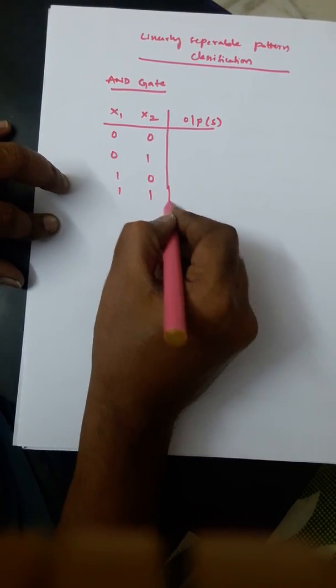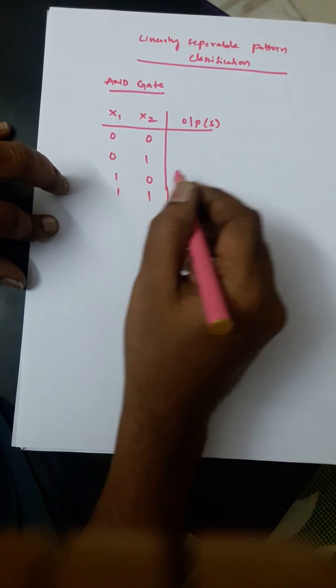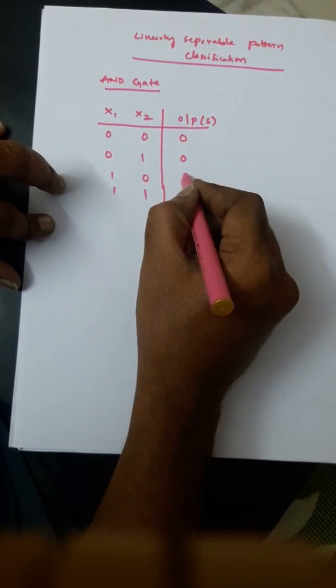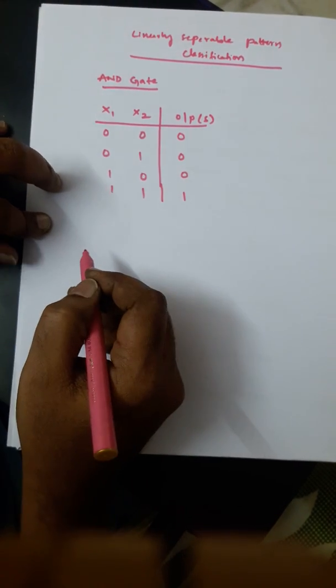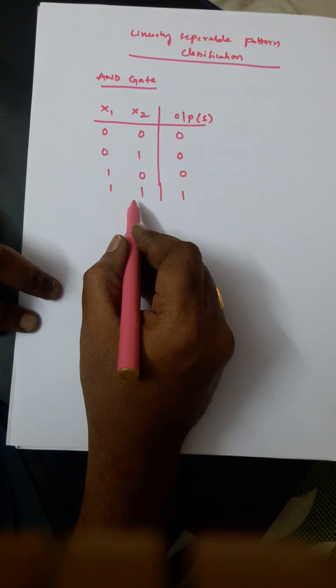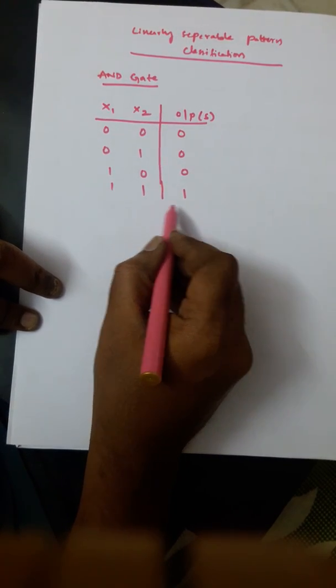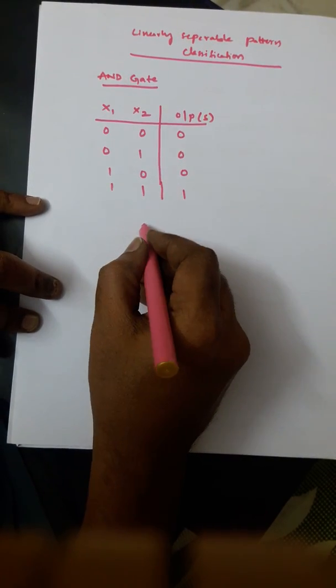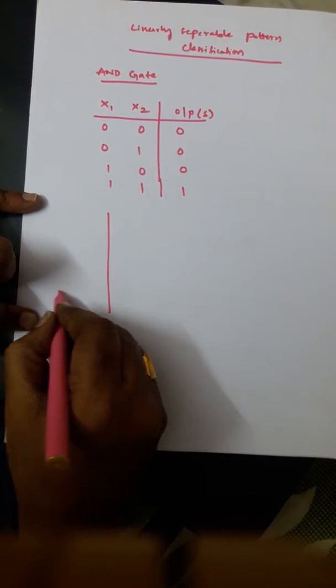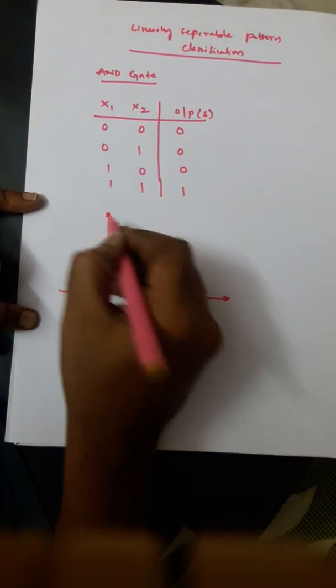So according to this, AND is multiplication. So the output is 0 for 0 0, 0 1, 1 0, and for 1 1 as inputs the output is 1. If I represent this in a pattern space, the input pattern space, I hope you are able to recollect these.